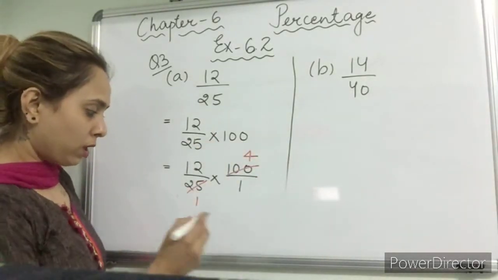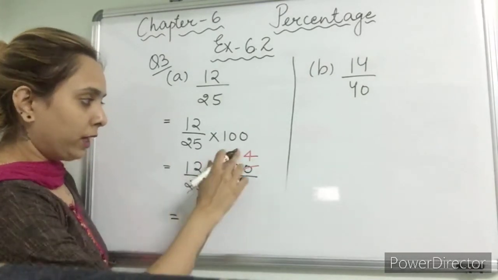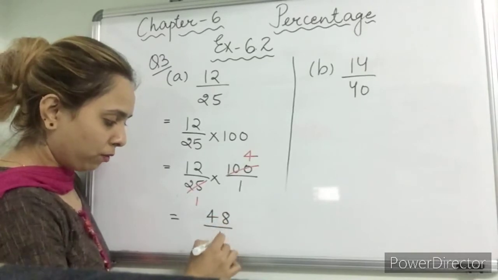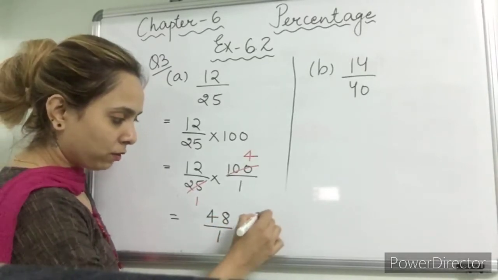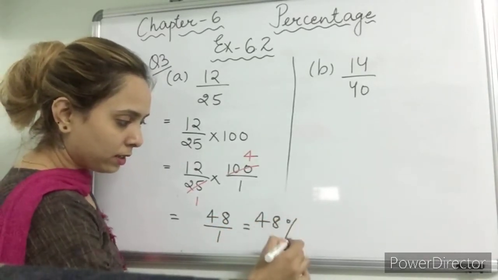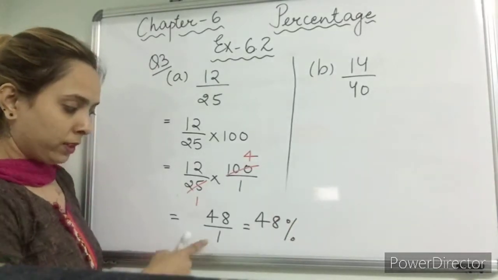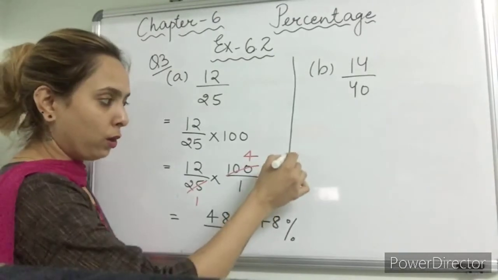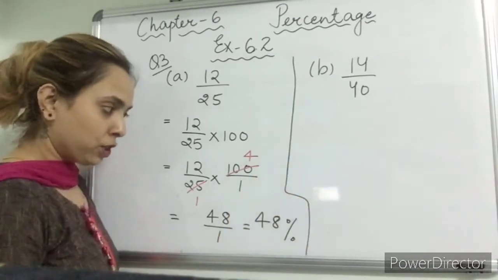Okay students, so now what will we get? 12 into 4 is 48 upon 1. So the answer is 48%. There is no value of this 1, so you will only write the numerator part. So I hope it is very much clear.